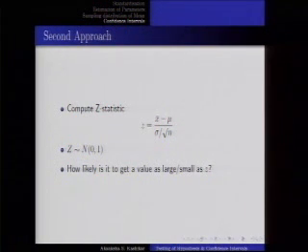Now there is another approach for doing the same thing. Instead of actually computing confidence interval, we may compute something known as Z statistic. Now what is a Z statistic and why do we use it? We are going to use it to test if my population mean has some value which I expect.